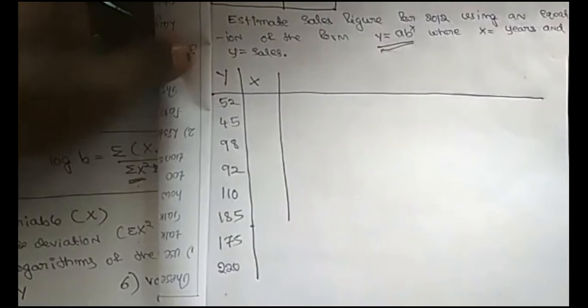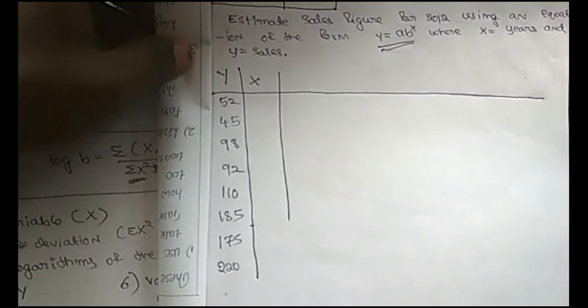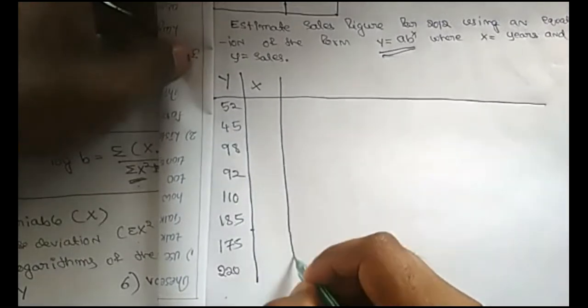So 52, 45, 98, 92, 110, 185, 175, and 220.